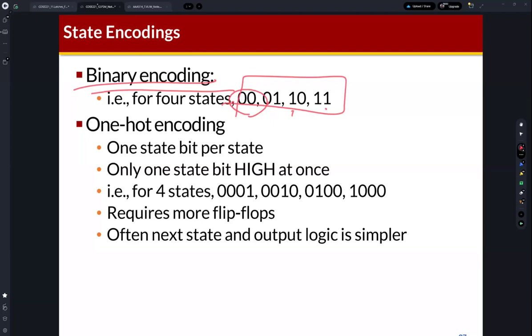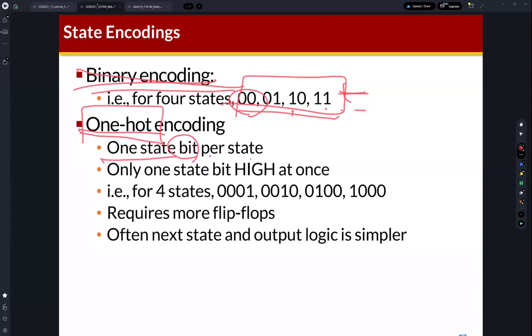This encoding is called binary encoding. But sometimes we can use one-hot encoding.